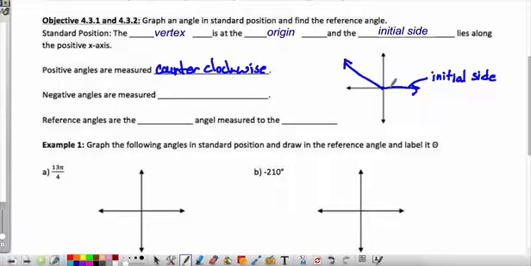So if we're measuring this for a positive angle, we would measure it this way. So this is positive. If we were measuring it for the negative angle, we would be going clockwise.